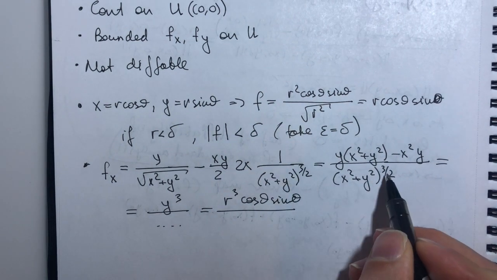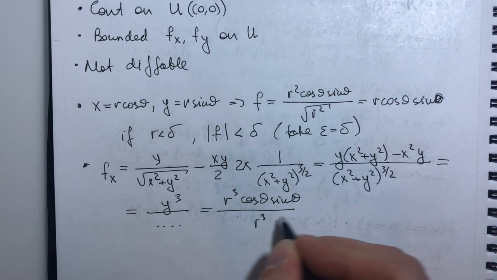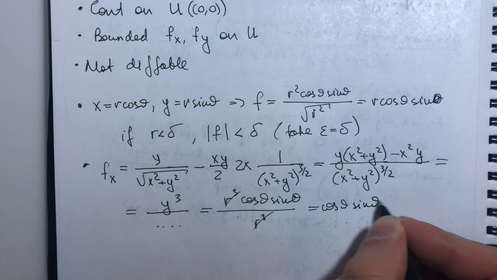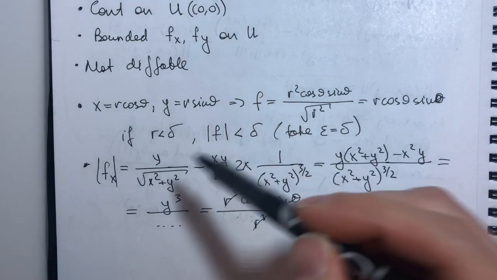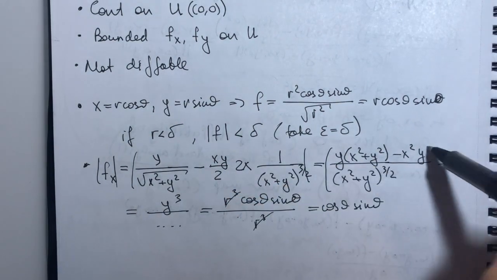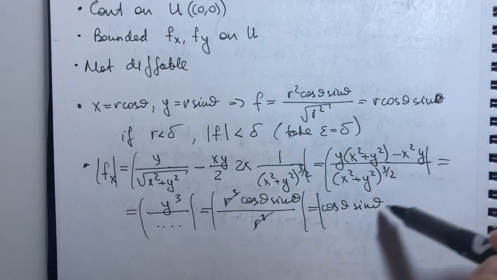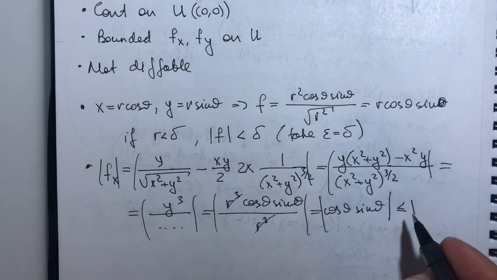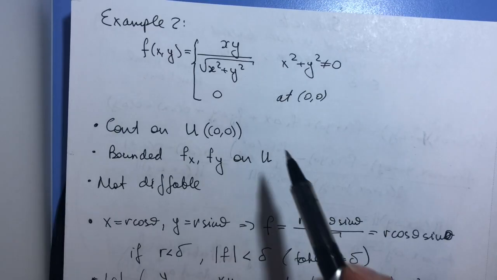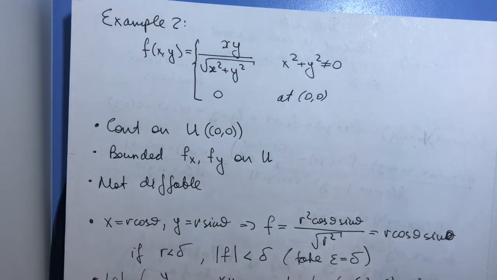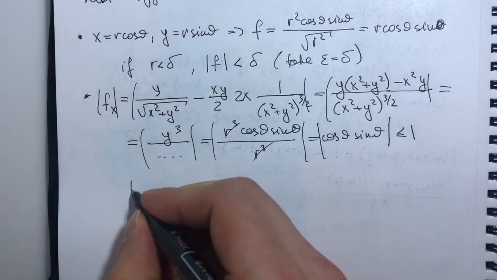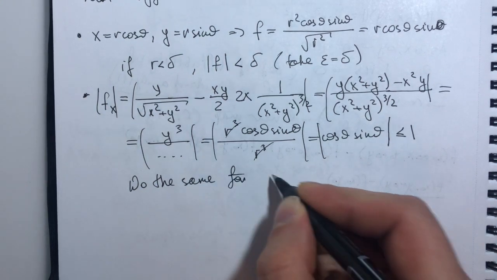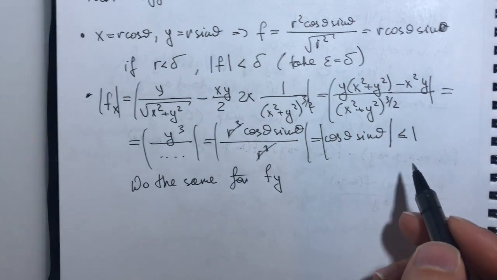Here I'll get r squared to the power 3/2, which is r cubed, so they cancel out. And so I get cos theta sin theta. So now if I take the absolute value of everything, I get this, this, this, and so on. And this is, of course, bounded by 1. So actually this holds for all x and y that are around (0, 0). So do the same for fy to show that it's bounded.